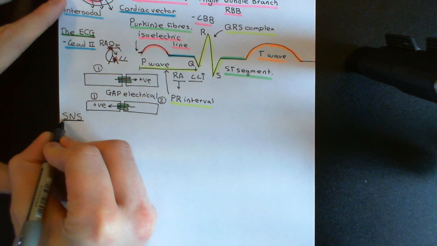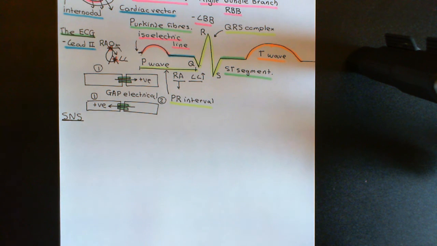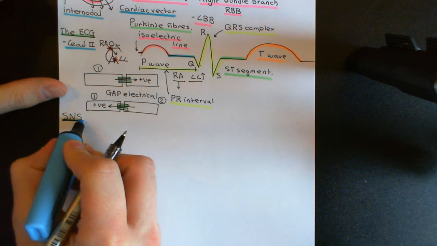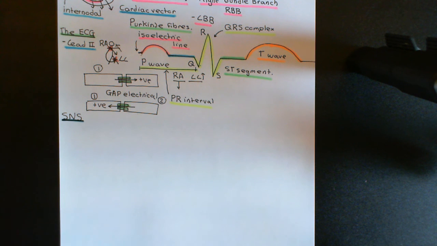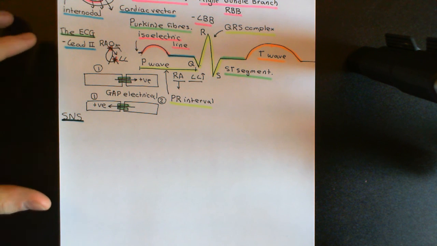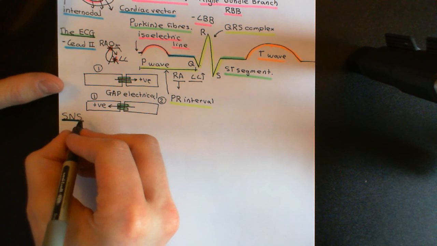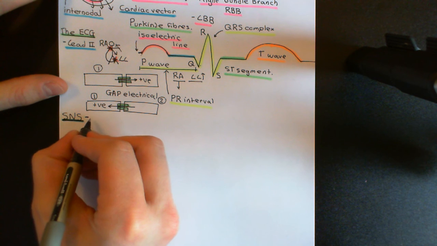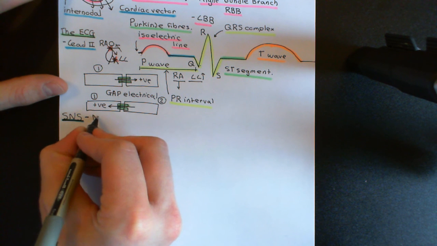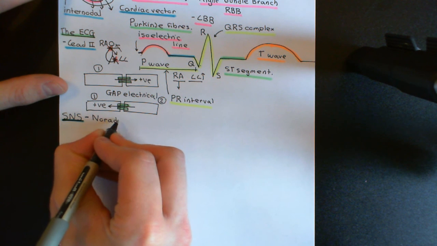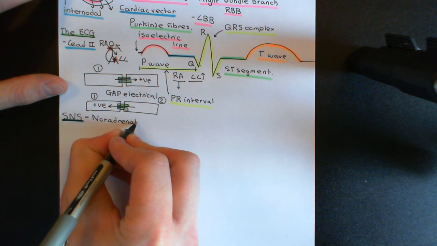So they're complete opposites. Remember, the sympathetic nervous system is going to be activated in times of stress, fight and flight. Now, you have a lot of sympathetic nerves that are going to release the neurotransmitter noradrenaline all over the heart.